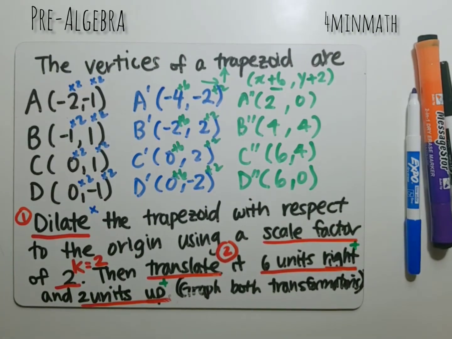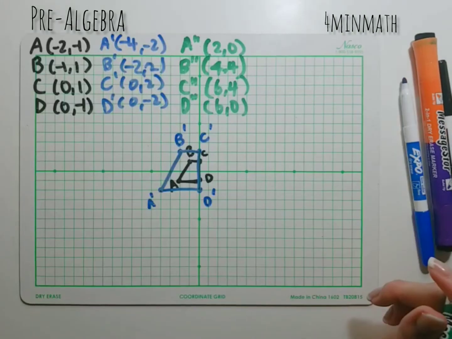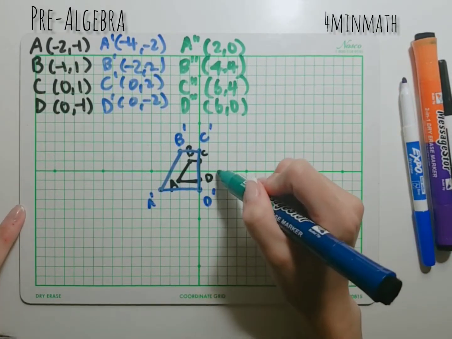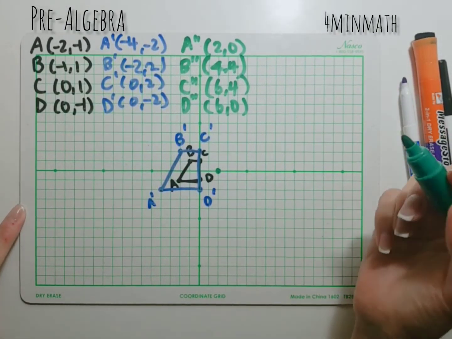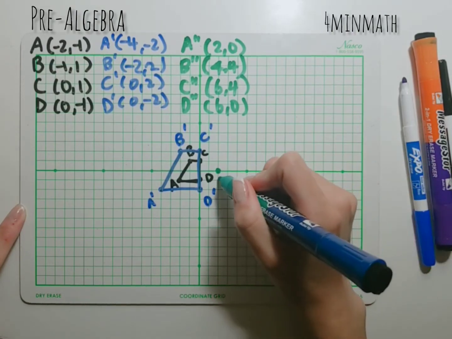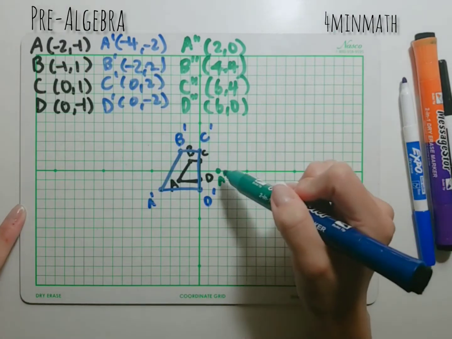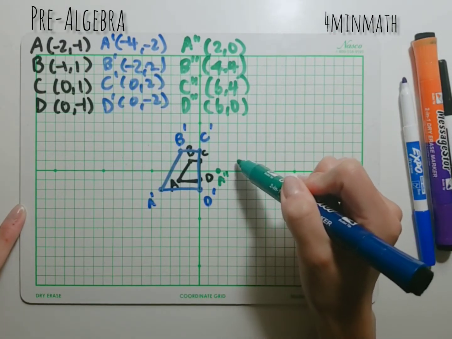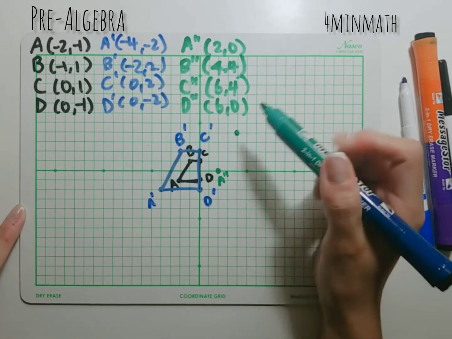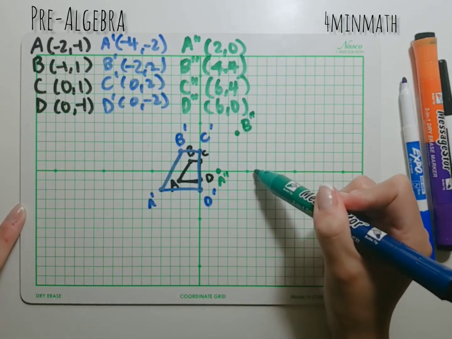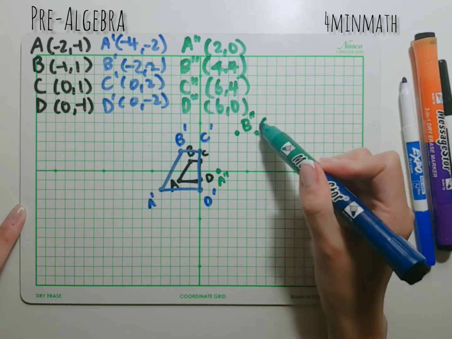And you know the next step is to graph it. So let's graph it. I wrote the points down here. 2, 0 is right here for A double prime. And then B is 4, 4, 1, 2, 3, 4. That's B double prime. And then 6, 4 is C double prime.